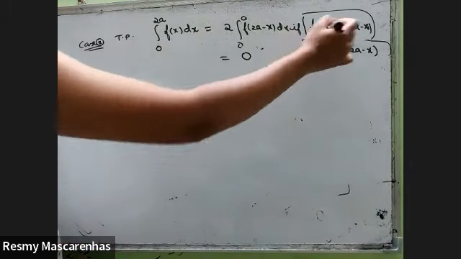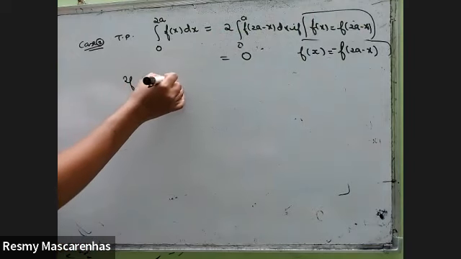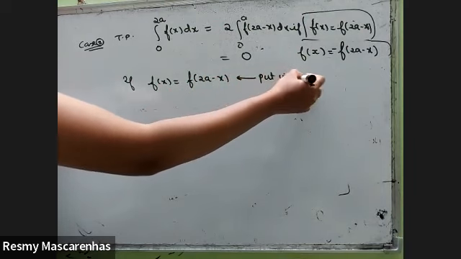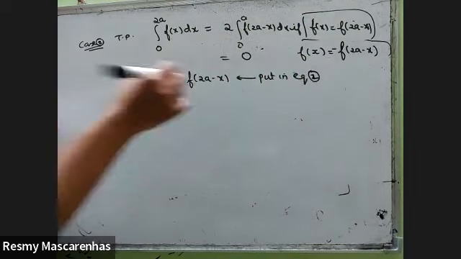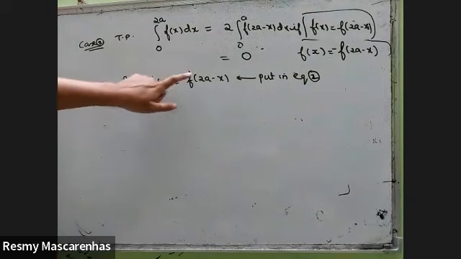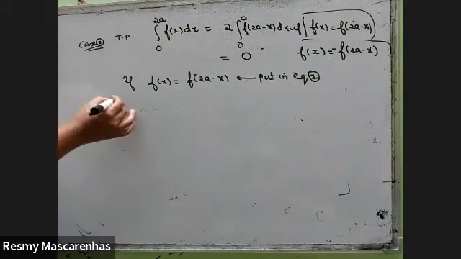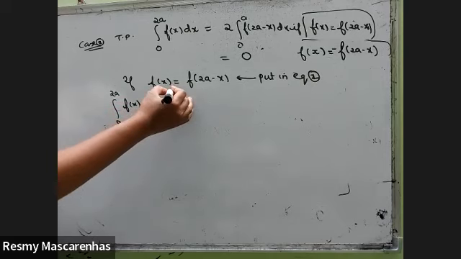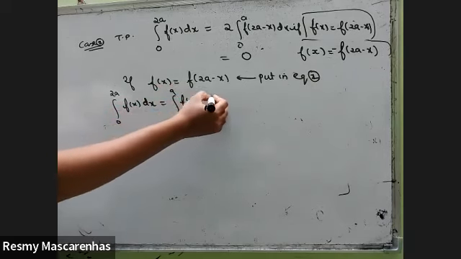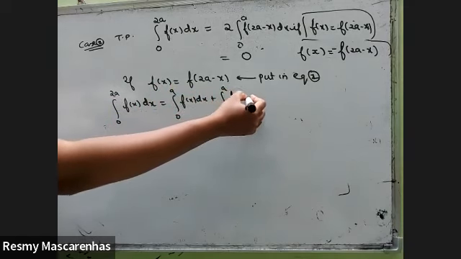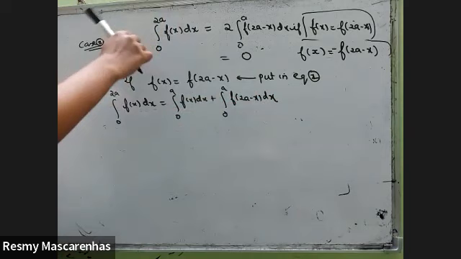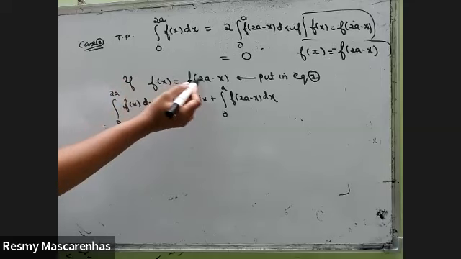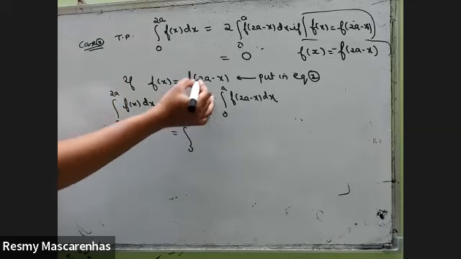Now take this first condition. Put this in equation 2. So now what you have to do, wherever there is f of x, you have to put this. Right? You know that equation number 2 is this. In the previous first case, we had replaced this. Instead of f of 2a minus x, we had put this. But now, instead of this, I have to put this value. So instead of f of x, I put this.